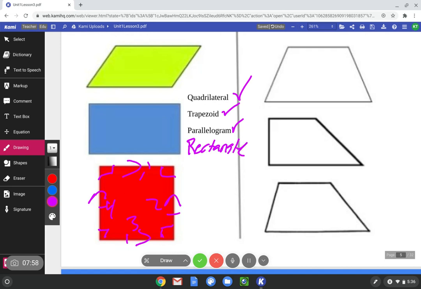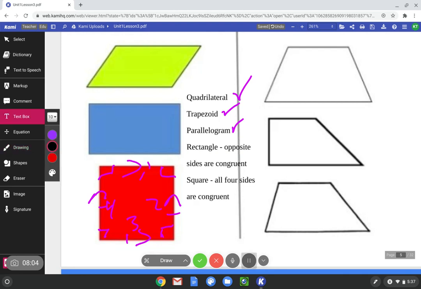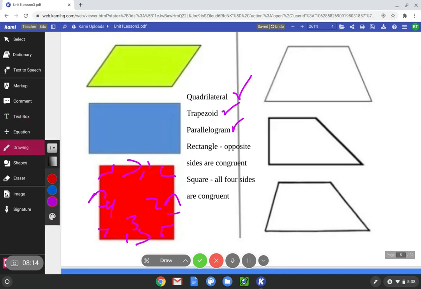But wait, the opposite sides aren't only congruent, all 4 sides are equal. So at first, we go, okay, opposite sides are parallel and they're congruent. We know it's a rectangle. But then we get more specific and we're like, oh, not only are opposite sides congruent, but all 4 sides are congruent.